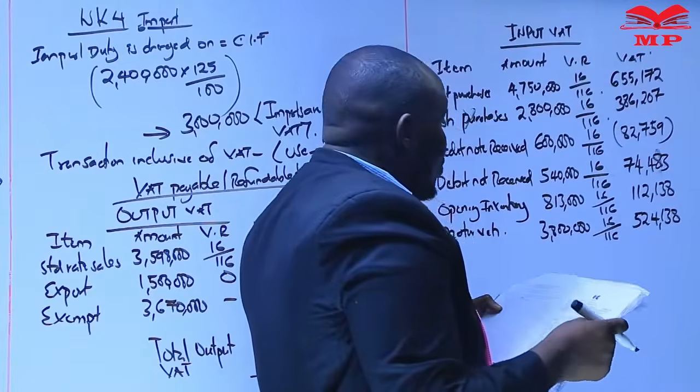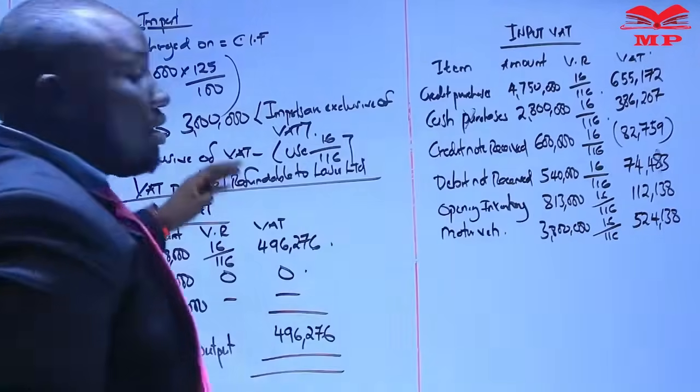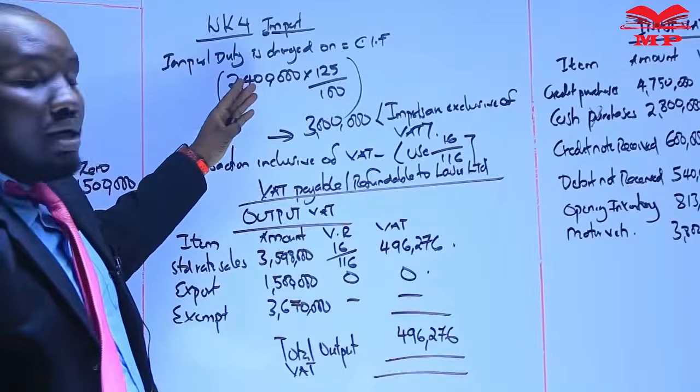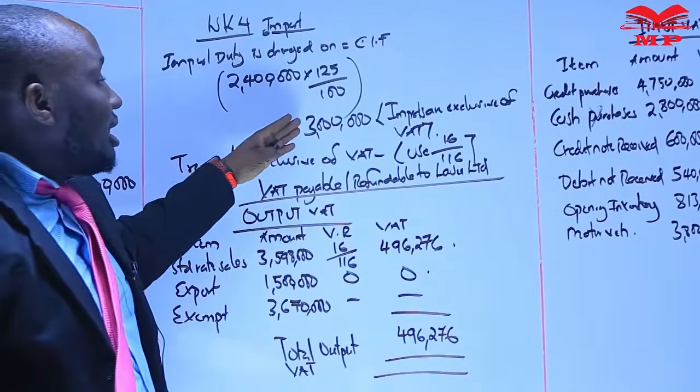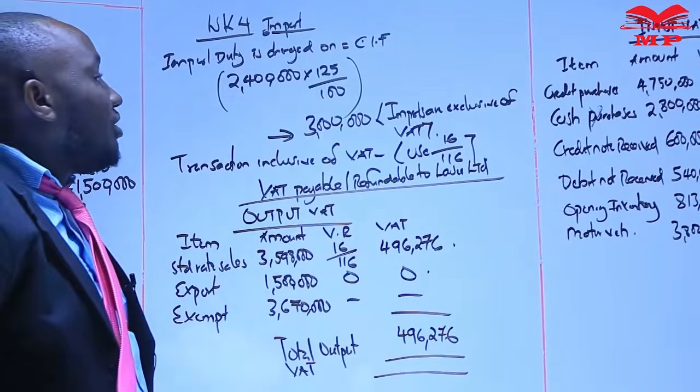The next item was on import. We have done the working. Import plus import duty, we have a figure of 3 million.